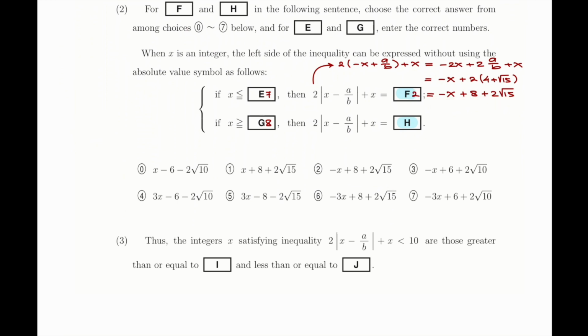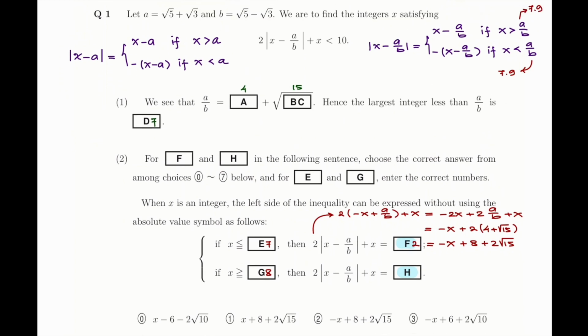And then same thing for the second part. If x is greater than or equal to 8, so refer to the first part here, you refer to this one. Then this absolute function can be changed into x minus a over b.